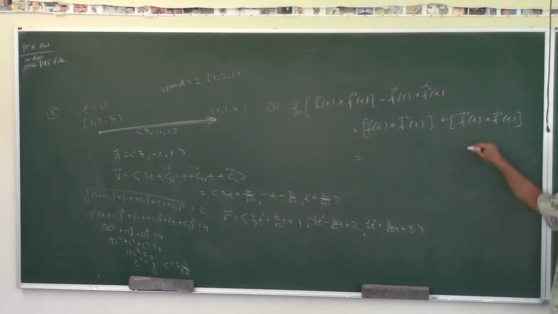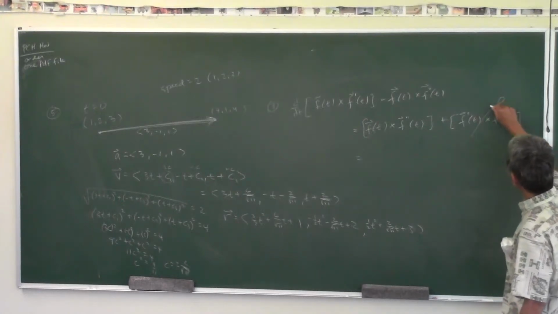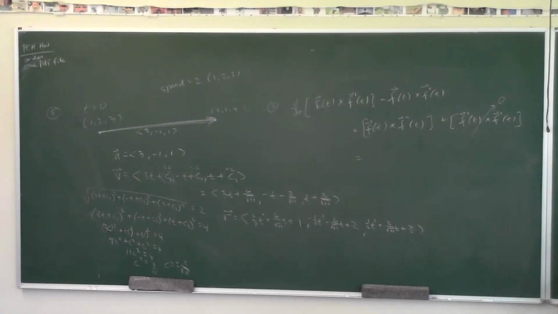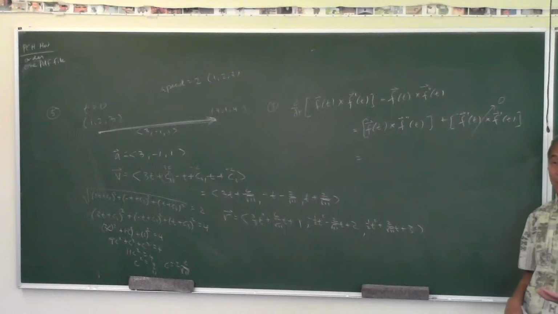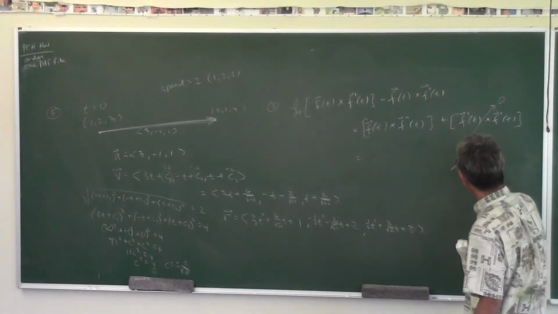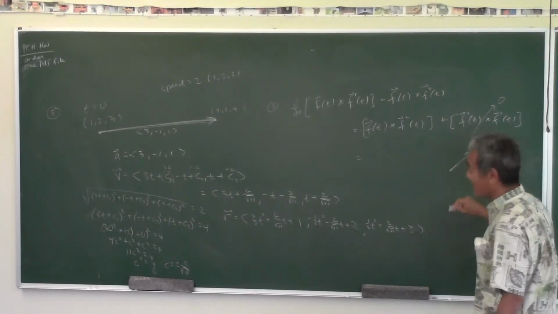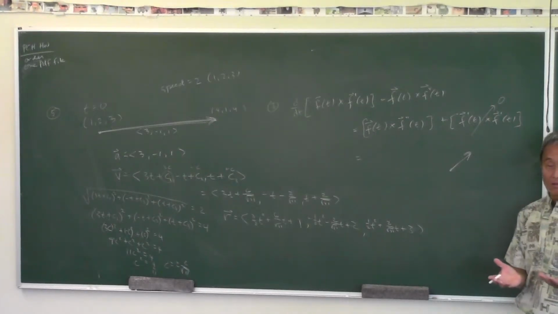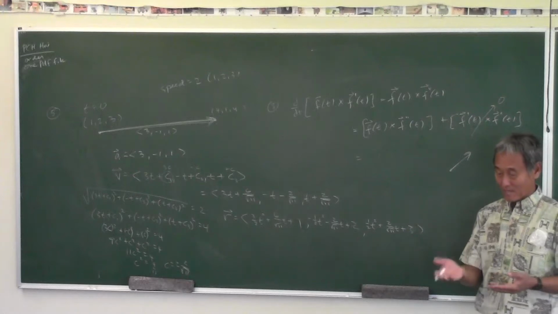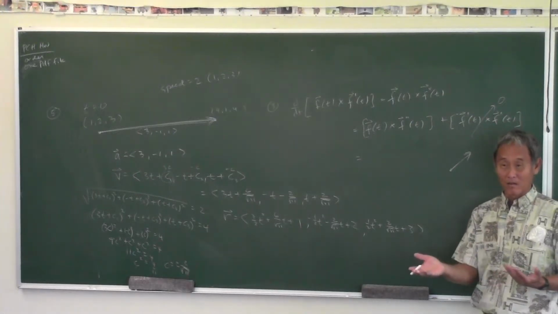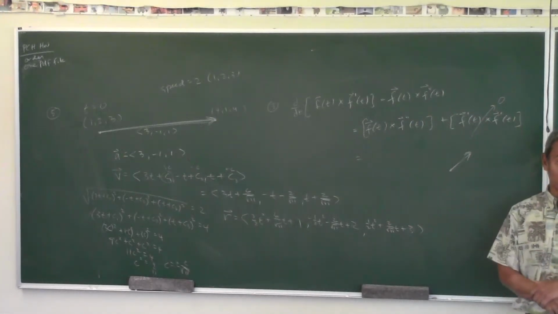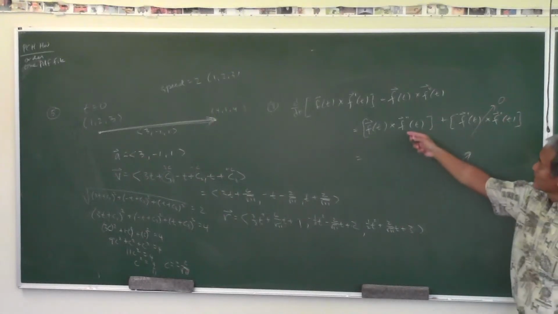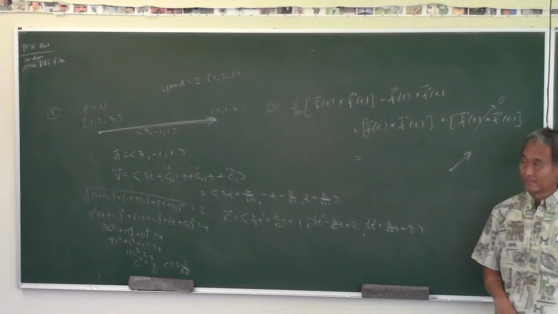How do you find the length of the cross product? If two vectors point in the same direction, what's the angle between them? 0. And the magnitude of the cross product is the length of the first times the length of the second times the sine of the angle. The sine of 0 is 0. So that's why this one is 0, and that's why you only have that.